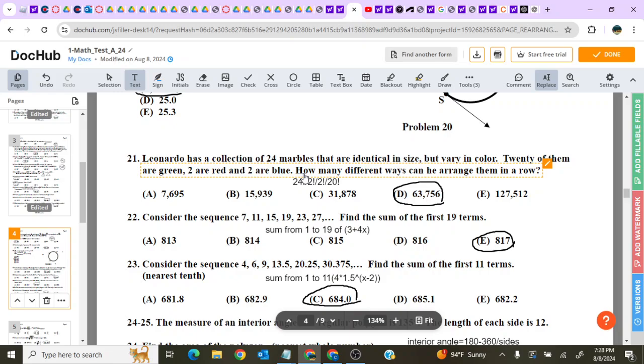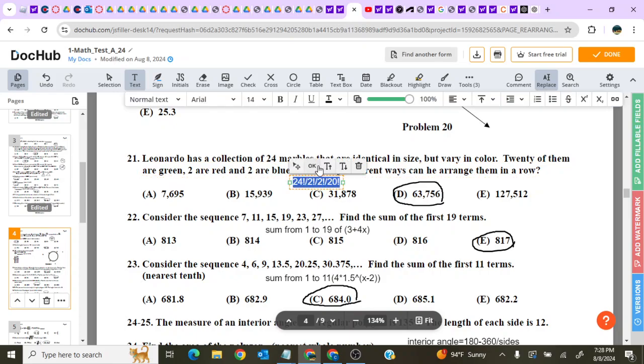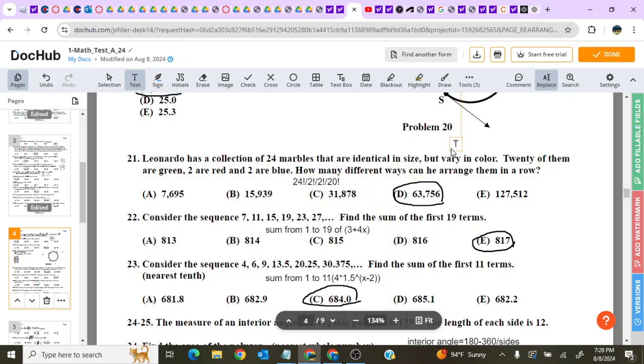So there's 2 ways that you can do it that are indistinguishable, so you have to divide by 2. And then that works for more of them. There are 20 factorial ways the green marbles can technically have a different order but not be distinguishable. So you're just doing 24 factorial and dividing by all the factorials of the colors. Do that, you get 63,756 ways.